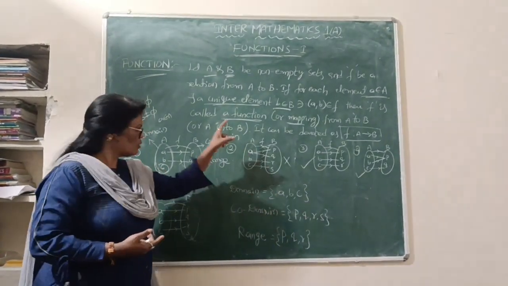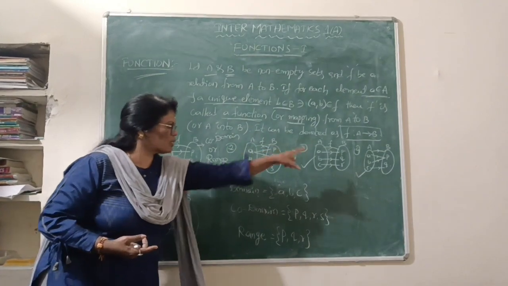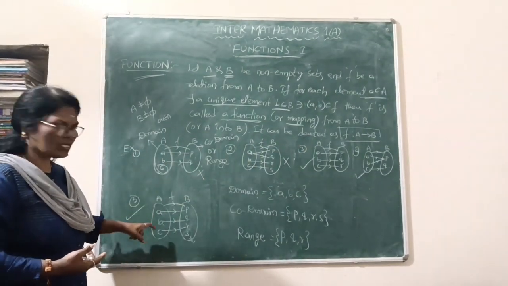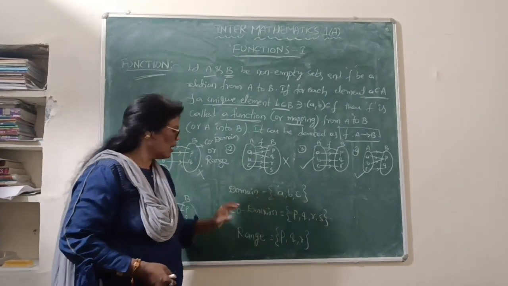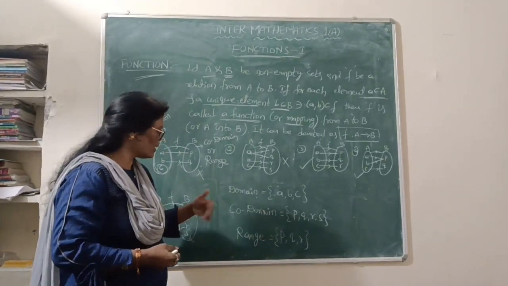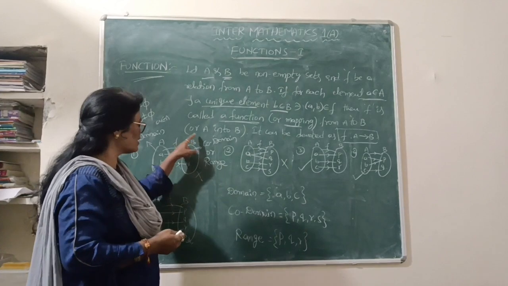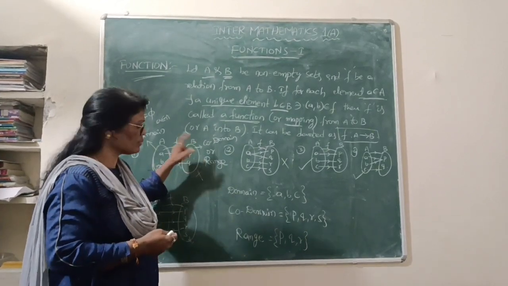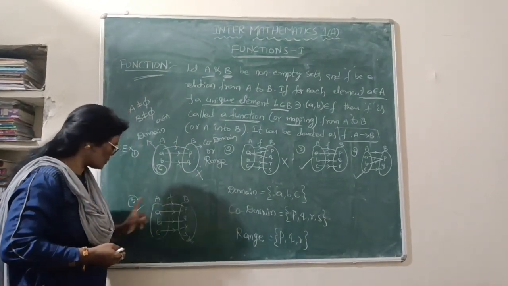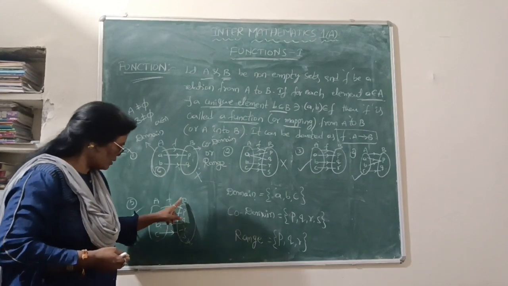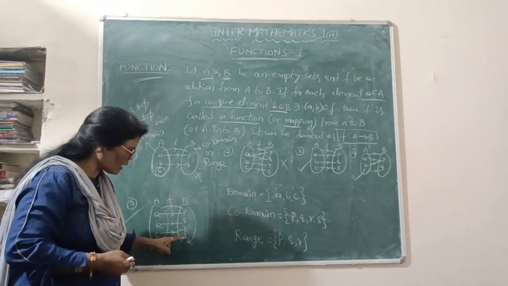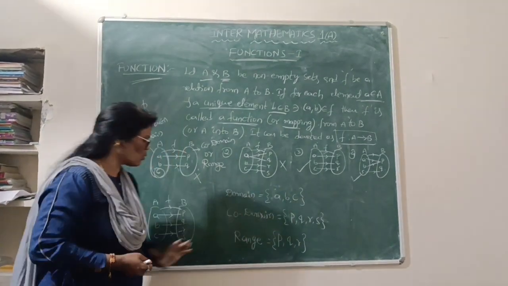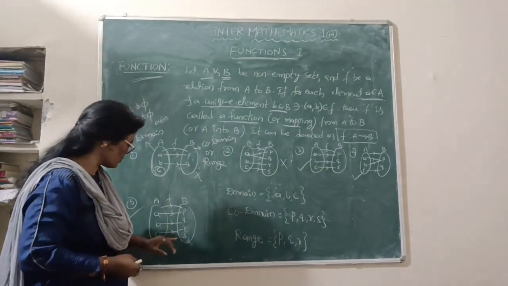We have a, b, c only. So you should write a, b, c are the elements in the domain. And codomain means B. From the last one I am writing here: B contains the elements p, q, r, s. That is nothing but the codomain.